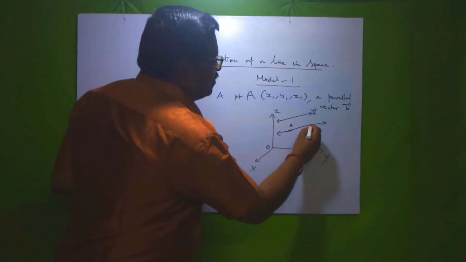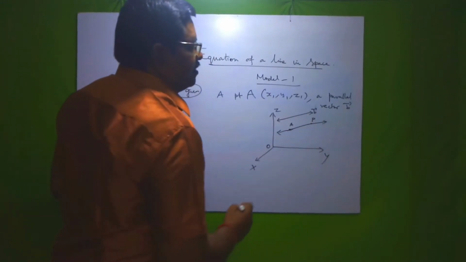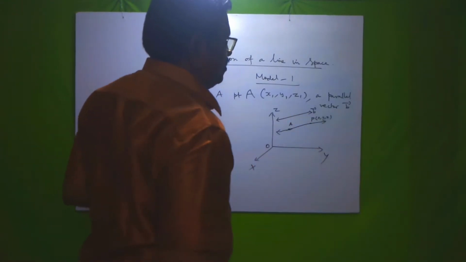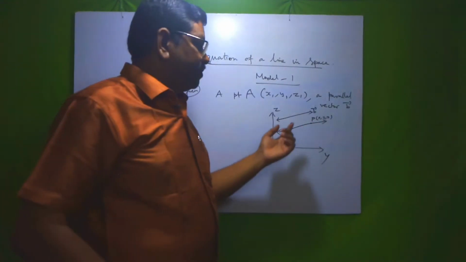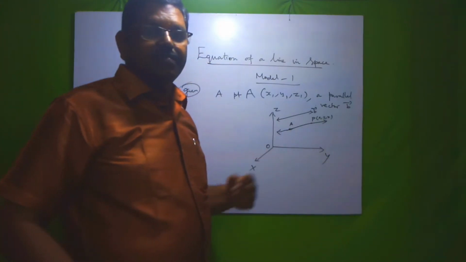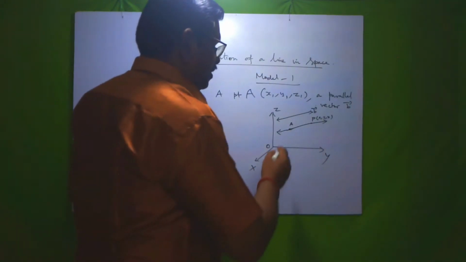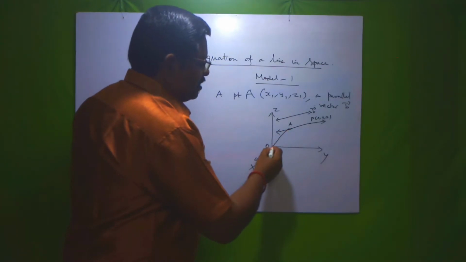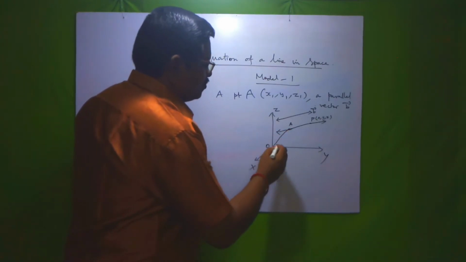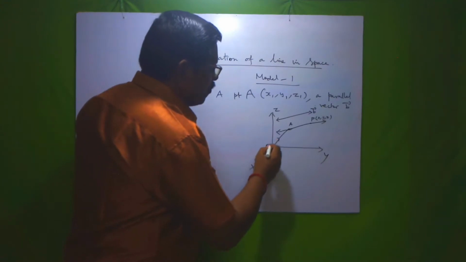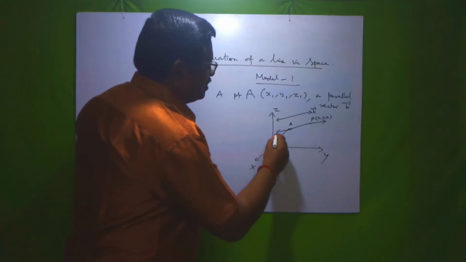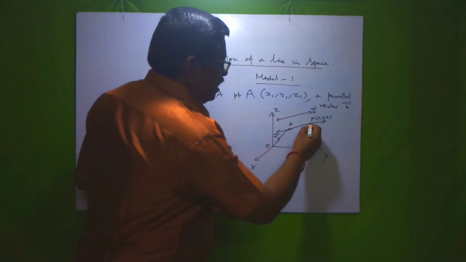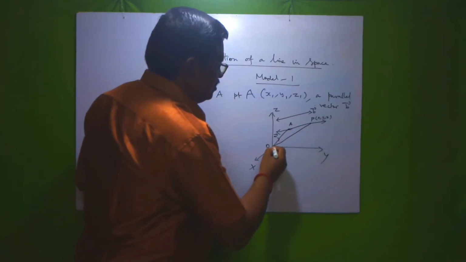To make it parallel, we take another point P, that is x comma y comma z, that is any point P on the same straight line which is required to us. And now we join this A with origin O. That means OA is nothing but A vector, that is a position vector, and join P with this origin.